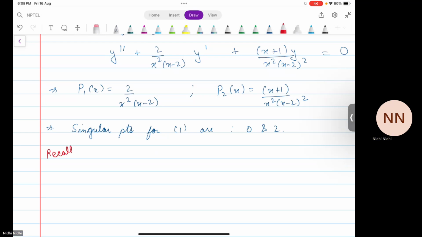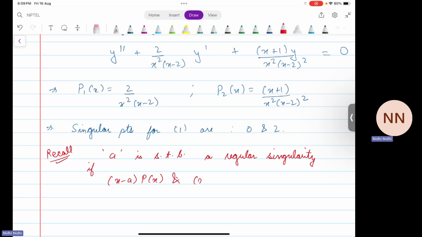A point a is said to be a regular singularity if (x minus a) p1(x) and (x minus a) square p2(x) both are analytic at x equals to a. Now we'll see what happens in our problem.